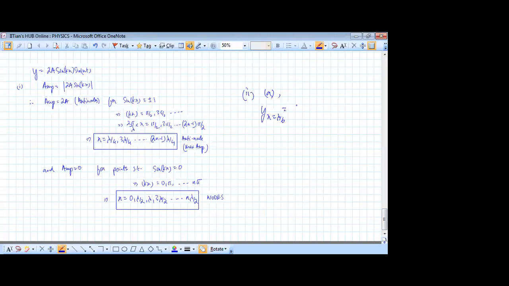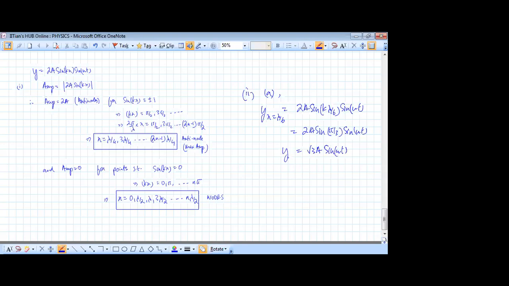So this becomes 2a sine k lambda by 6, sine omega t. So that is 2a sine pi by 3 sine omega t. That's root 3a sine omega t.